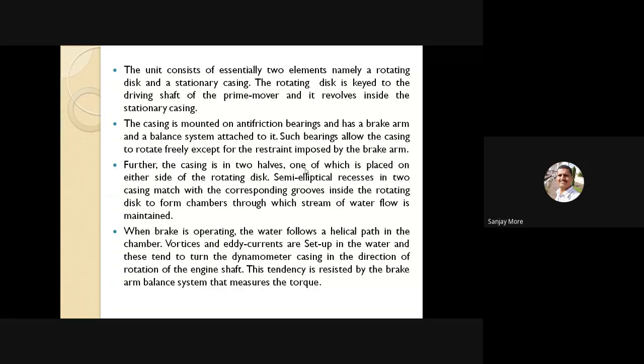Semi-elliptical recesses in the two casings match with the corresponding grooves inside the rotating disc to form chambers through which a stream of water flow is maintained. Full stop and next sentence.